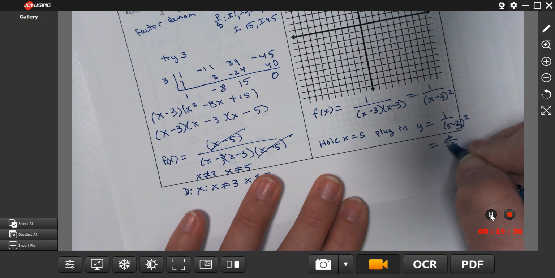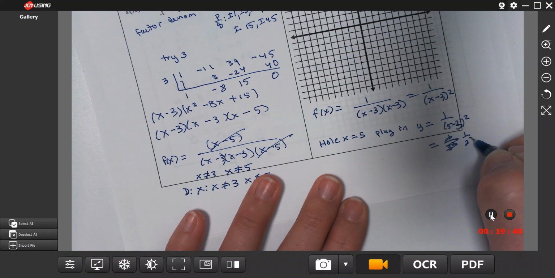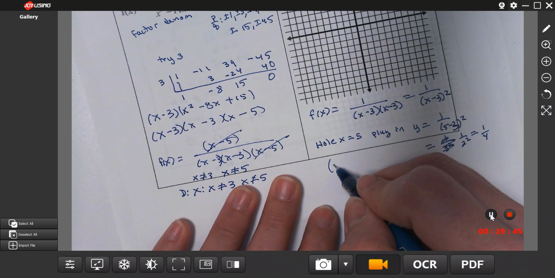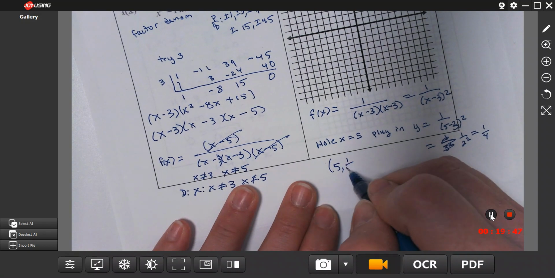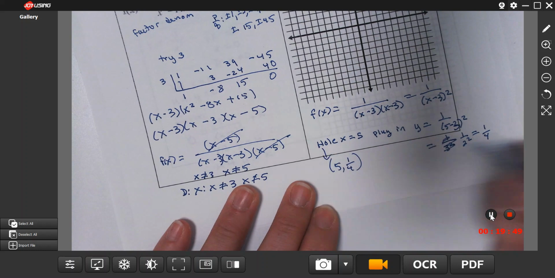Oh, that was a 3. I knew something looked wrong. That was a 3. It was never a 2. 1 over 2 squared. 5 minus 3 is 2. So 1/4. So my hole is at 5, 1/4.